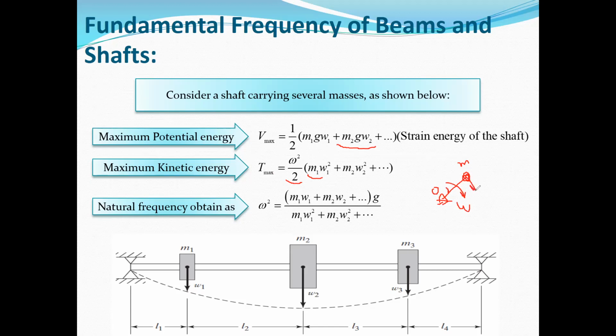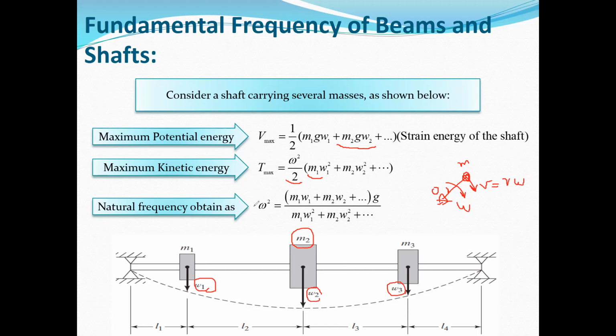So the displacement, if we call it v, in fact is equal to r times omega. So for each mass, when it has a deflection w1, w1 times omega will be the velocity of this mass m. So v squared in fact is w1 times omega squared. For mass m2 it will be w2 times omega squared, and for m3 it's equal to w3 times omega.